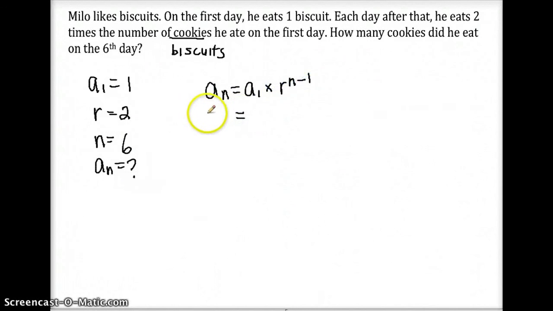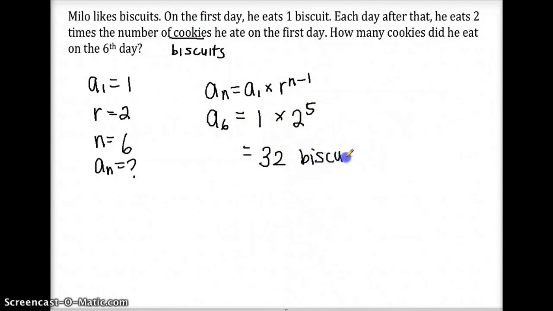And we want to find out a6, because we want to find out how much he eats on the 6th day. So a1 is 1 times 2 to the power of n minus 1, which is 5. So he eats 32 biscuit cookies. That's how many biscuit cookies he eats on the 6th day.